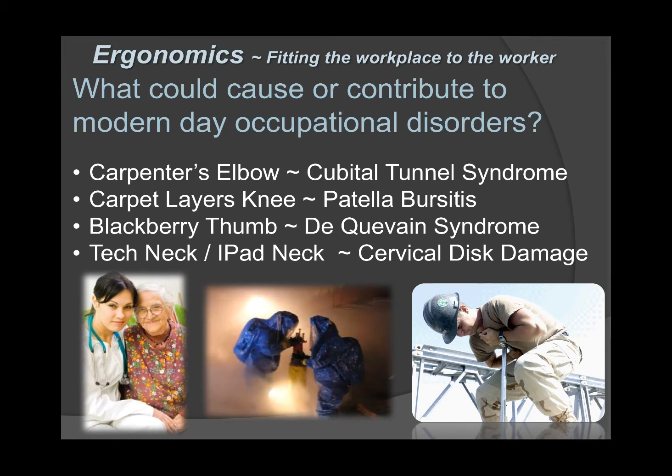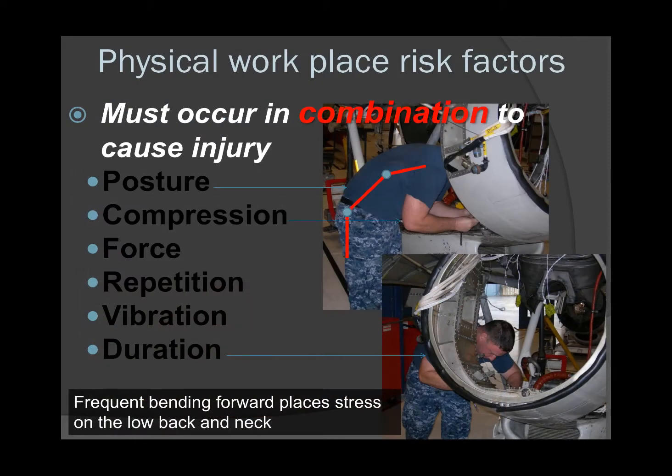Because believe it or not, our thumbs weren't designed for that range of motion. They were designed for power, not for precision. And cervical disc damage, now that's caused tech neck or iPad neck from holding our head down in long periods of time. So these are just some examples of modern day occupational disorders.